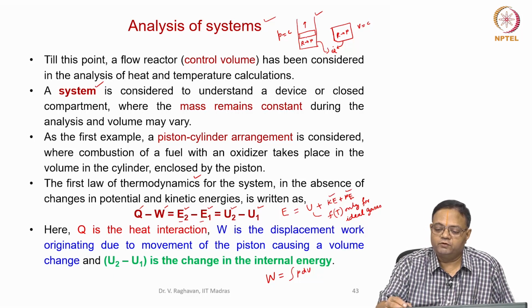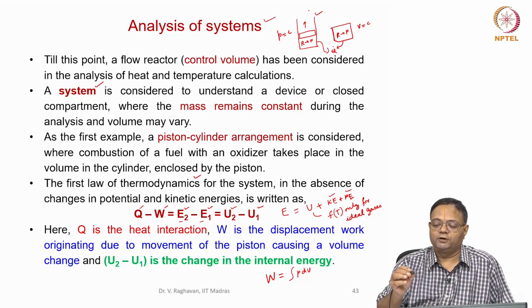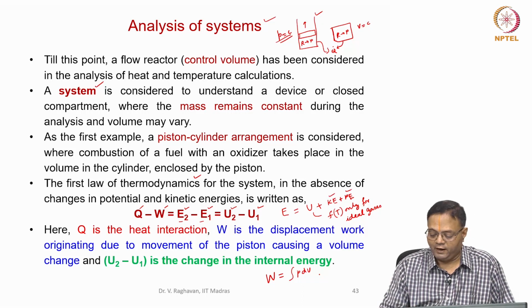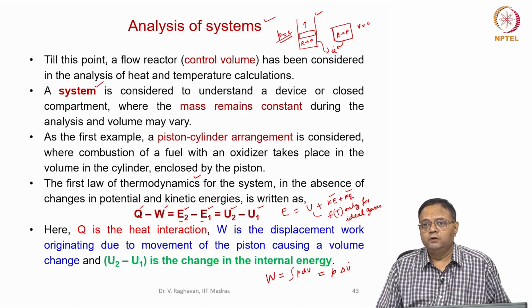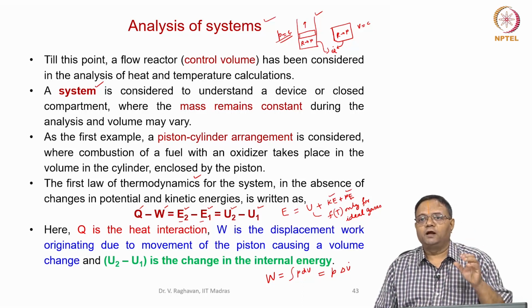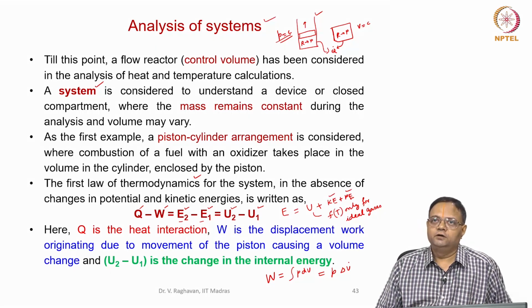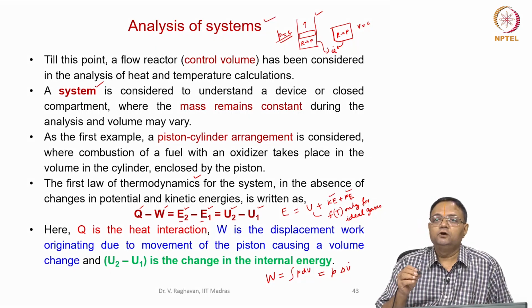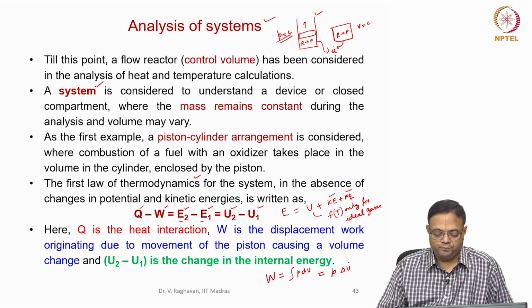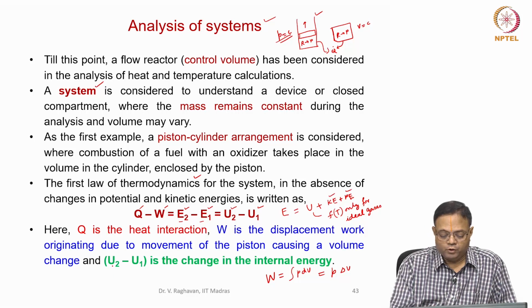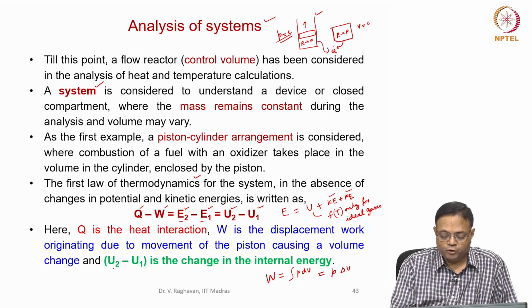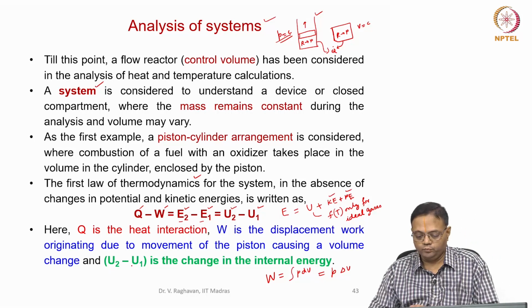In most of the cases, if the piston is free to move and the pressure is remaining constant, then I can write this as P into delta V. So a delta V causes a displacement of the volume that will give you a work interaction between the system and the surroundings. In this case, system does the work on the surroundings. Heat is transferred from the system to surroundings in the case of exothermic reaction, and it is rejected to the surroundings. Okay, so the internal energy change U2 minus U1 is nothing but the U of products minus U of reactants.